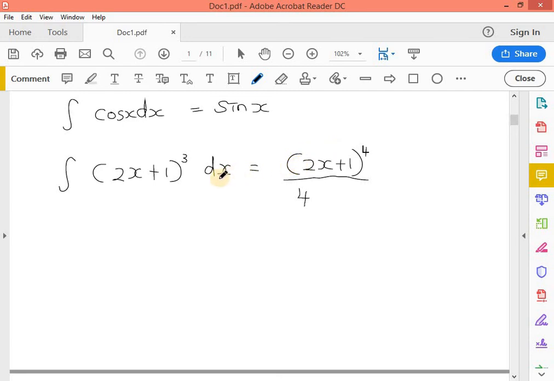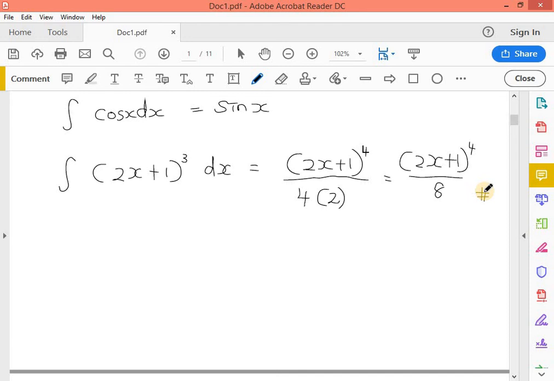If you are going to integrate with respect to x, then you look at this one. Okay, so you will have 2 here. Am I right? Okay, so this one will be your answer.